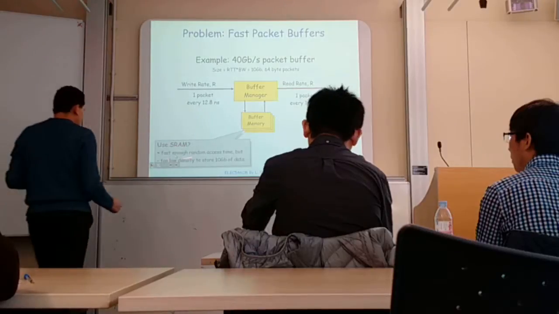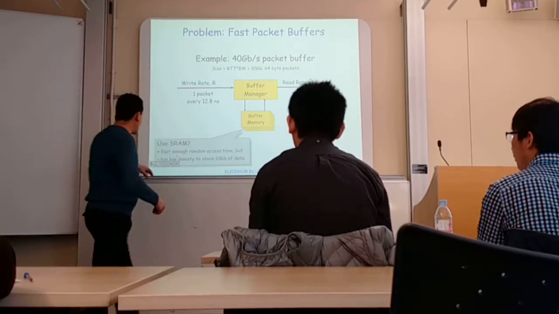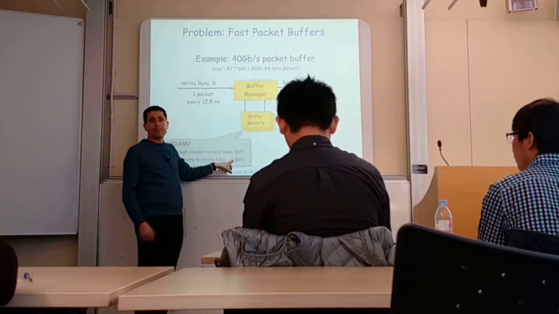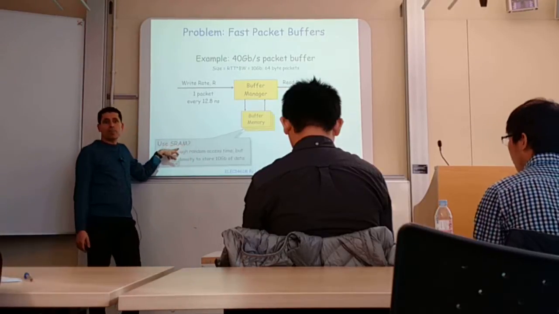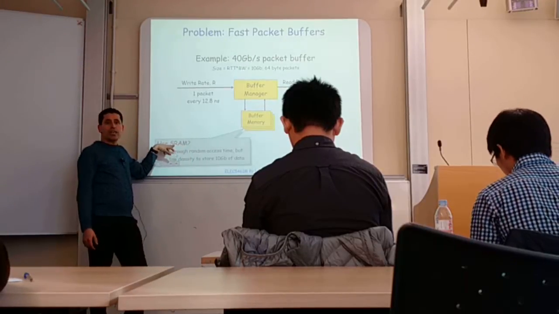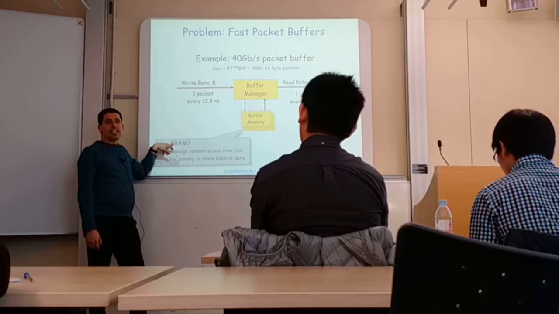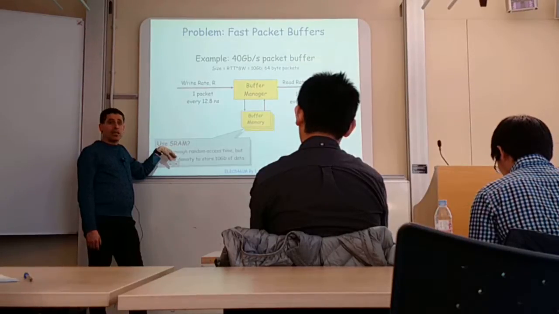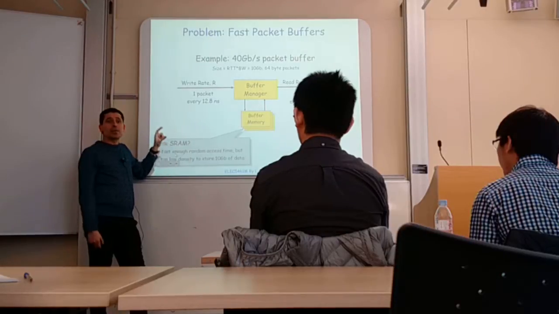An SRAM has a very fast random access time. However, it's too low density to store 10 gigabits of data. SRAMs are usually used for on-chip memories, for caches. On your computer, when you say I got a cache, that's an SRAM. But an SRAM is not dense, because you need big space to store 1 bit.